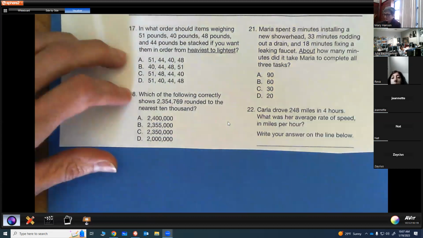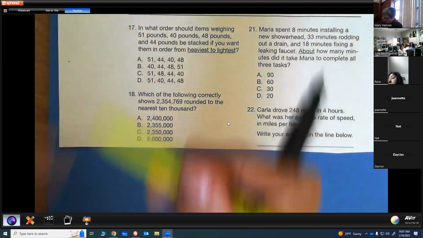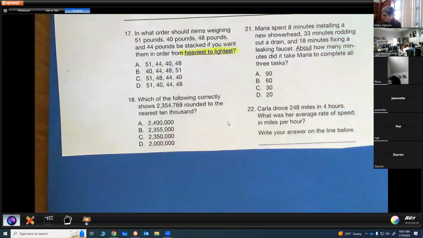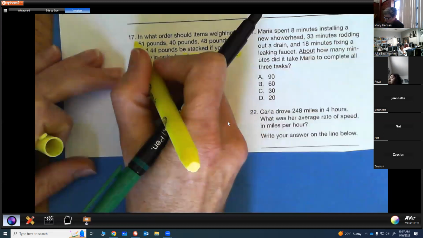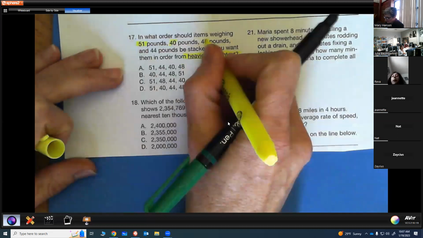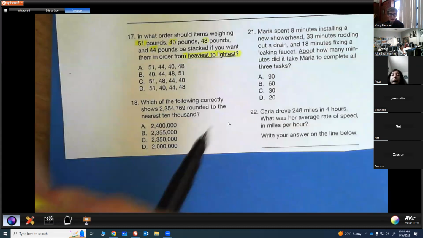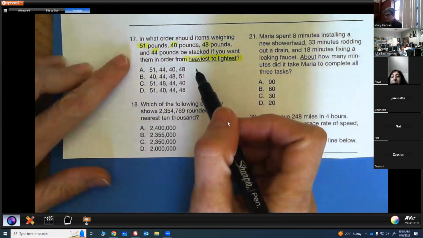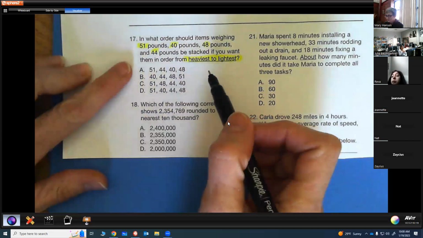And one of the things we talked about Tuesday was to make sure that you are keying in on which direction they're going, smallest to largest or largest to smallest. Since we're going heaviest to lightest, we should be getting the largest number down to the smallest number.